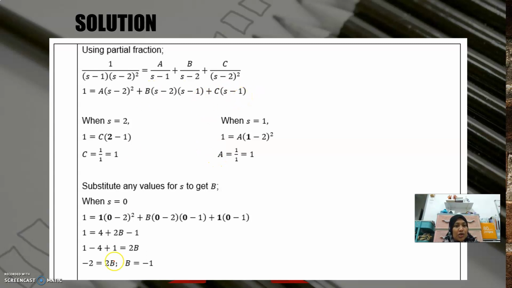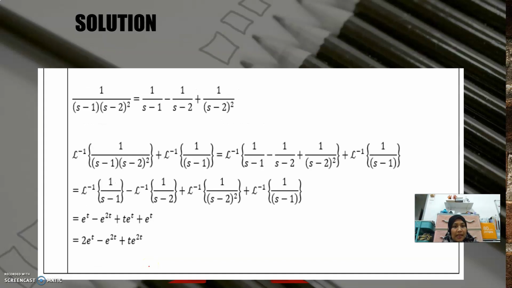So now we can get the B value. B value is minus 1. Right. So the values for A, B, C are 1, minus 1, and 1. So substitute the values for A, B, C in the full equation.